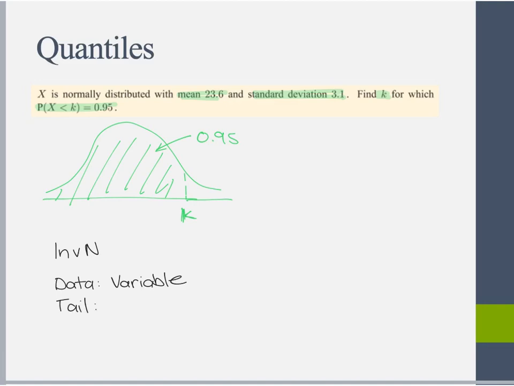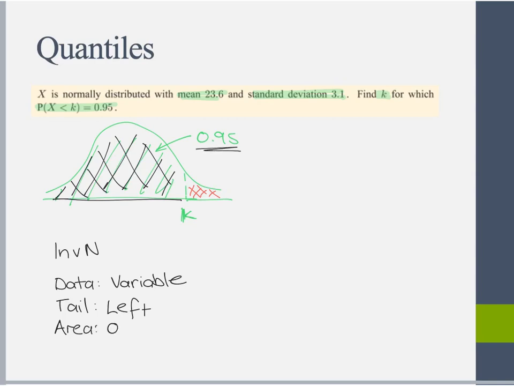Now what that means, the tail here is what tail you're going to be looking at. So this here is the tail, this side here, because this is what we're looking at. So this is on what side? Left-hand side. So you've got to change that to left if it's on right. If you wanted to find the other direction, depending on how the question is worded, that would be the right tail. Your area. So your area is also your sort of probability, which is your 0.95.